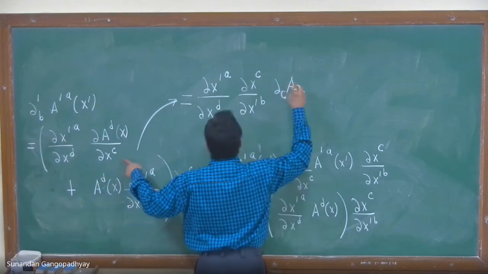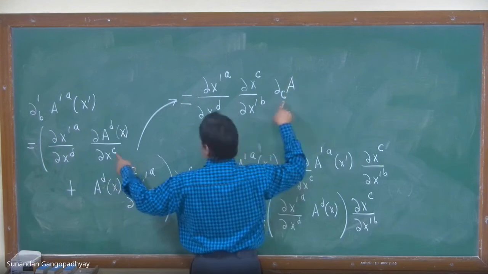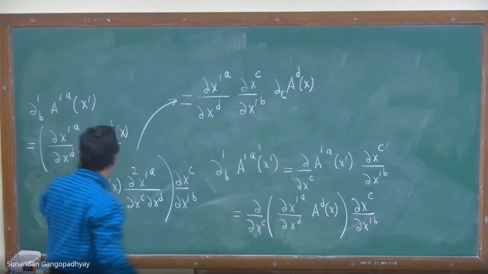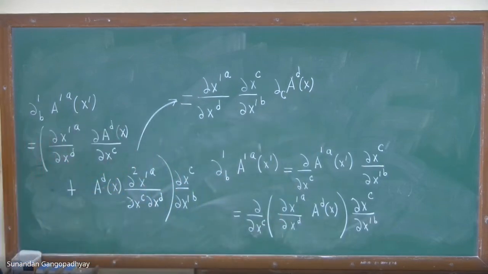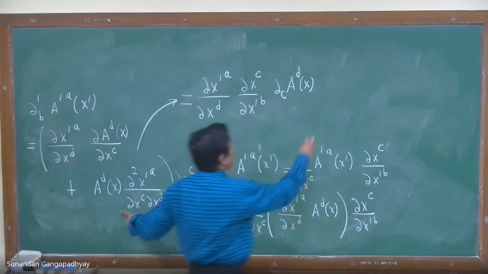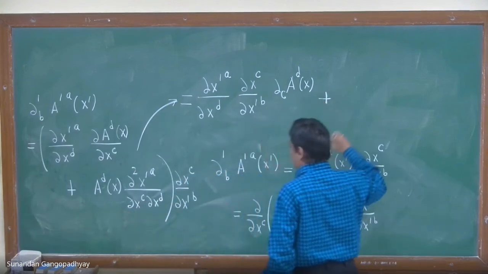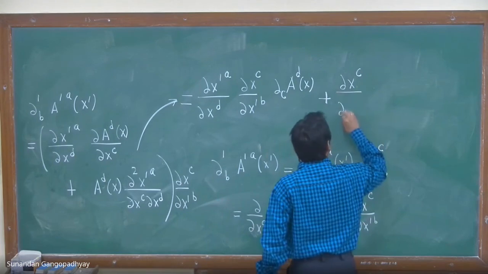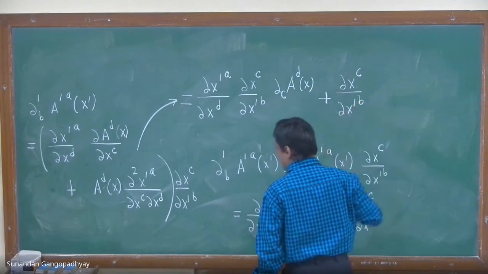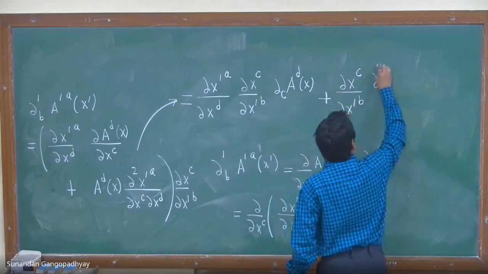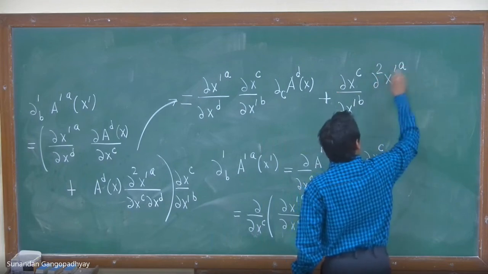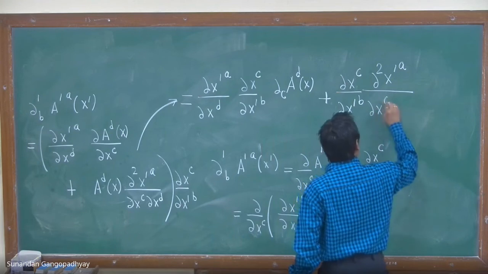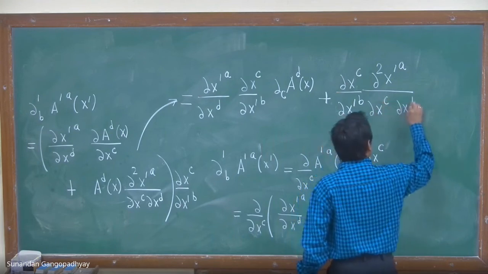You know the shorthand notation: del_c means del x^c. This is the first term, this multiplied by this. And the second term is this, plus del x^c over del x prime^b, times the second derivative of x^d with respect to x prime^a, times A_c.